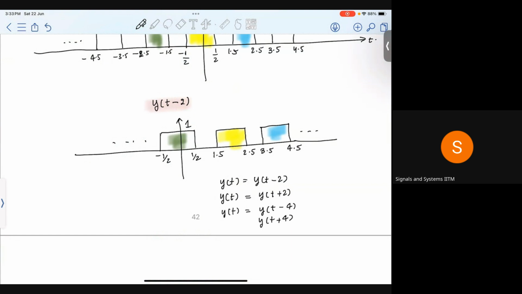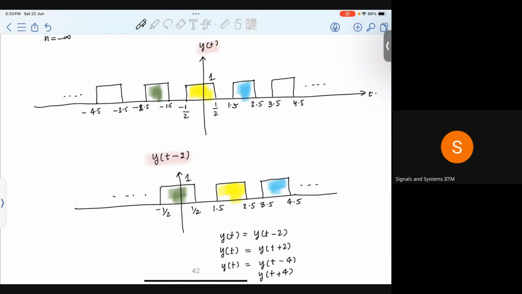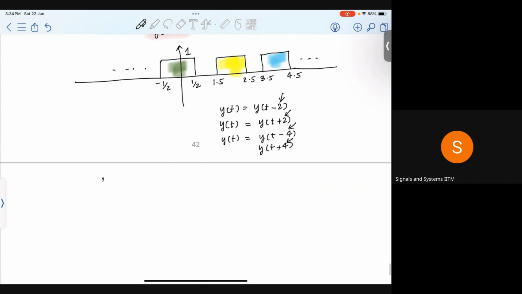So all these signals are equal for this given signal. Since there exists some T, what are all possible such T's? 2 or minus 2, 4 or minus 4, all these are possible values. So there exists some T for which y of t equals y of t plus T.